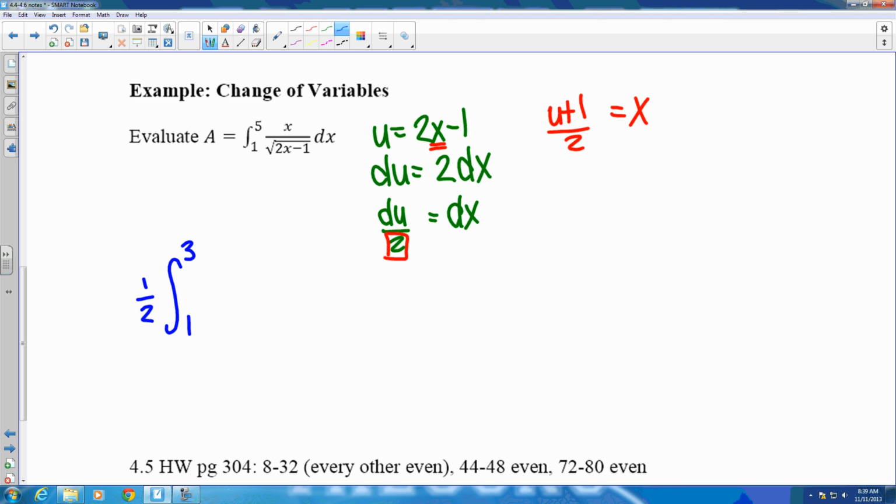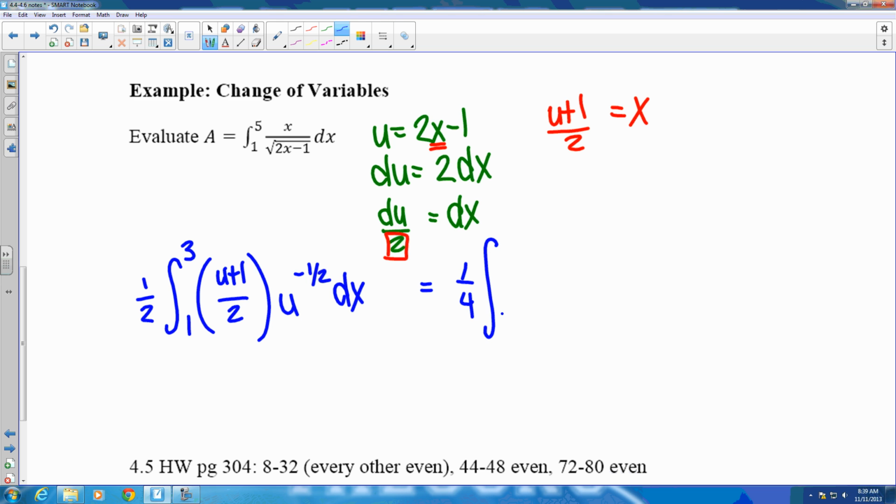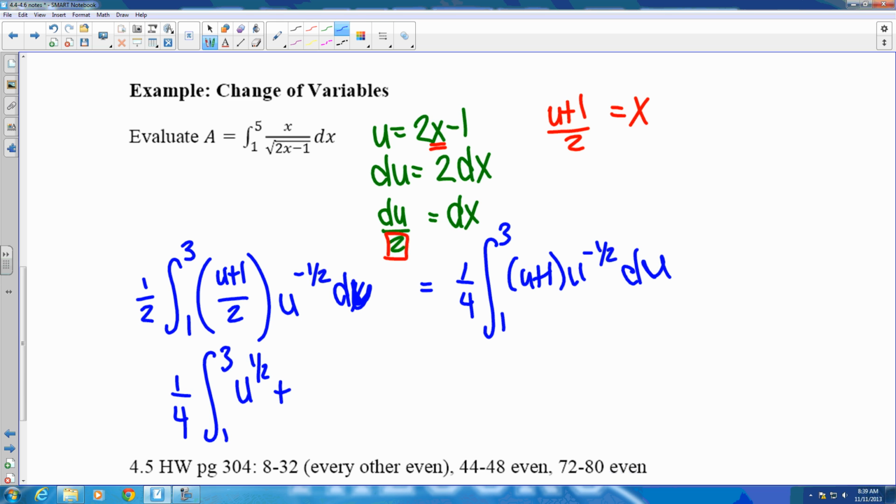Then we have the 1/2 times u plus 1 over 2, that was the x that we're changing, and then it's u to the negative 1/2 du. First thing you need to do is bring that 1/2 out, 1/4. What we need to do is distribute in the u to the negative 1/2: 1/4 times u to the 1/2 plus u to the negative 1/2 du.